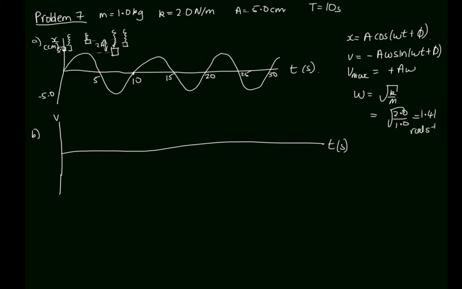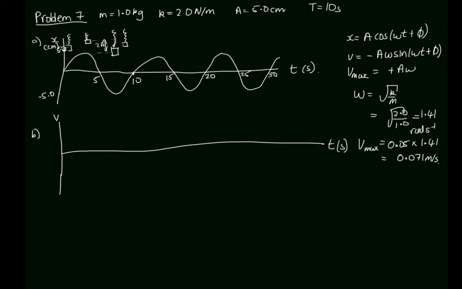And so the maximum velocity is going to be a, which is 0.05 meters, times 1.41, and so that is going to be equal to 0.071 meters per second. Okay, so we know what the maximum speed is.